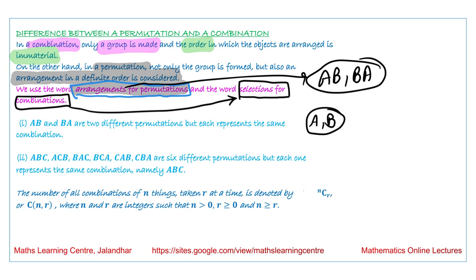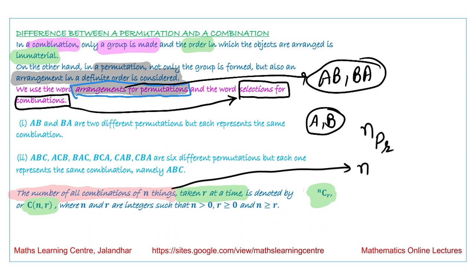In case of combinations, we have this formula: the number of all combinations of n things, taking r at a time, choosing r things at a time, is denoted by nCr, or we can write it as C(n,r). This is just like in permutation, where we wrote nPr.